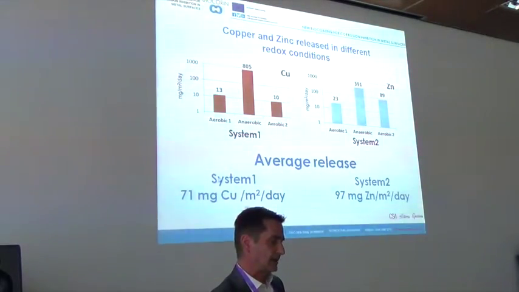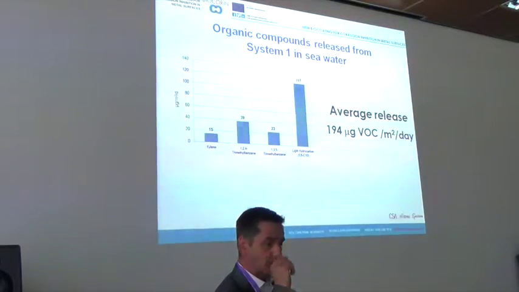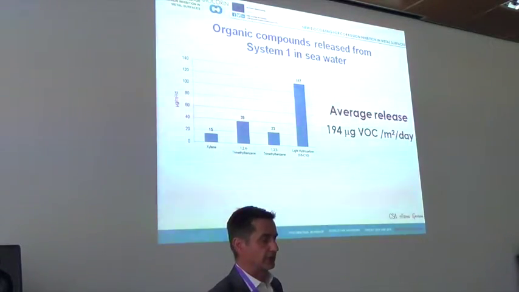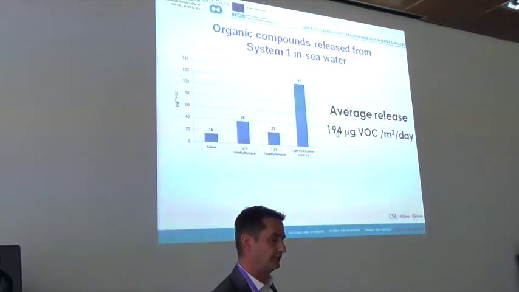The average release of the system 1 and of the system 2 were 71 milligrams of copper per square meter per day and 100 milligrams of zinc per square meter per day. In the system 1, we have determined also a release of VOC, volatile organic compounds, that account for a flux of 200 micrograms per square meter per day.